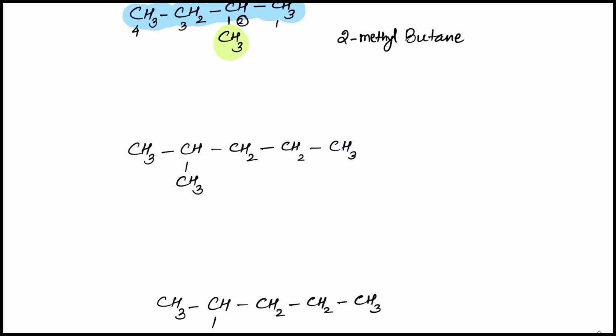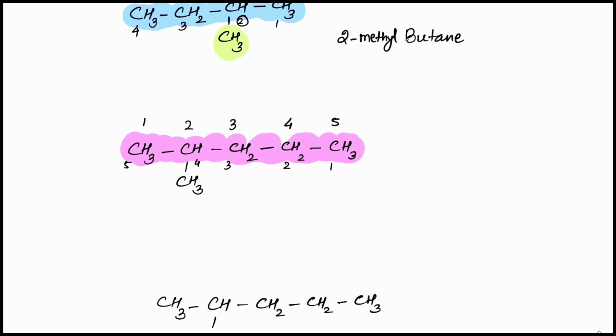Alright, let's see the parent chain first. We can take this straight chain as the parent chain and then start numbering. From left to right, the position is 2, and from right to left, the position is 4.